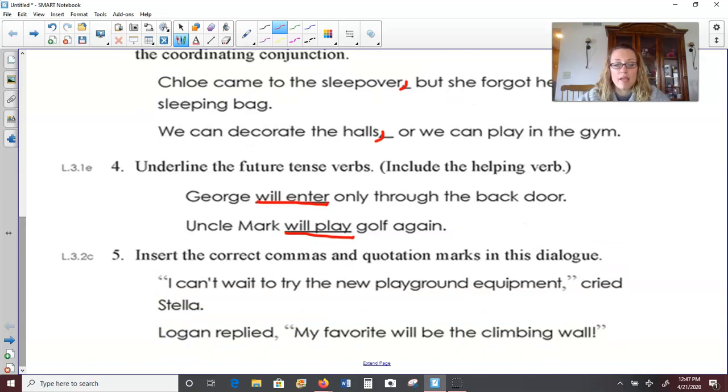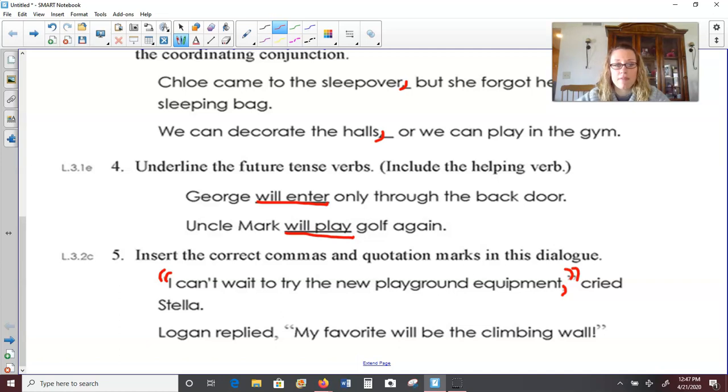Number 5, insert commas and quotation marks for the dialogue. I can't wait to try the new playground equipment, cried Stella. Remember, our quotation marks go around the exact words of our speaker to show what they are saying. And so we put quotation marks around the exact words that Stella is crying out, and we use a comma to separate her exact words from the speaker.